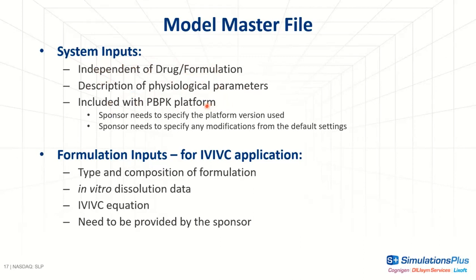But in order to make it clear for the reviewer to evaluate, the sponsor needs to clearly define what platform was used and what platform version was used. And if they modified any default settings, they will need to provide justification, explain which default settings were changed and why, because that would now create a difference from any validation that was done previously, and they might need to revalidate those default settings.